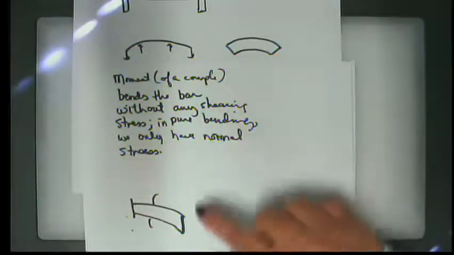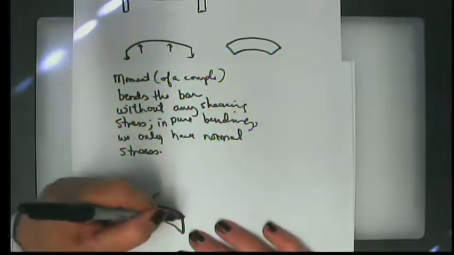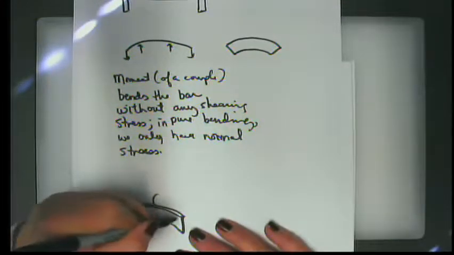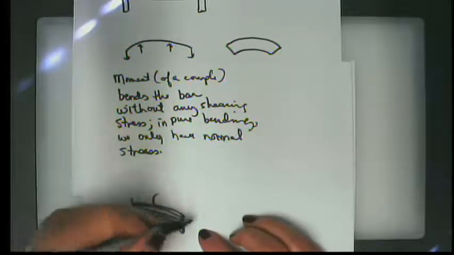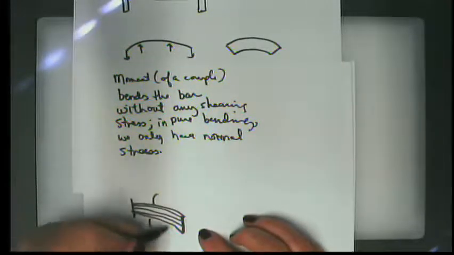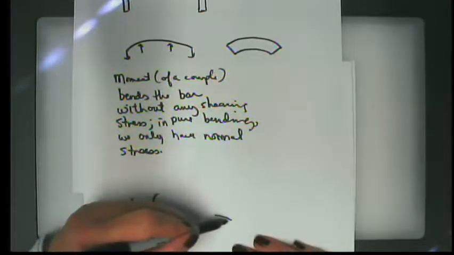So the difference between this and the more general case of bending is that with general bending, if we think about the structure as having lamina, these laminae are being pulled differentially from each other.